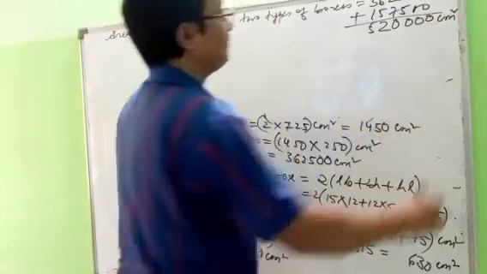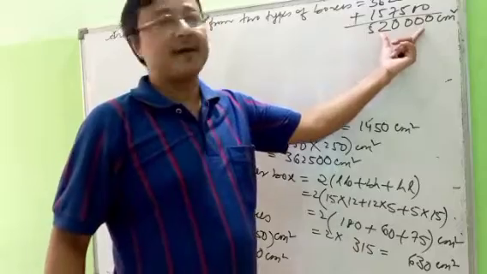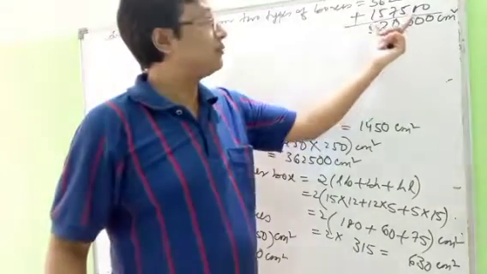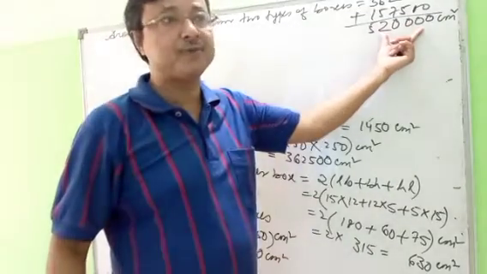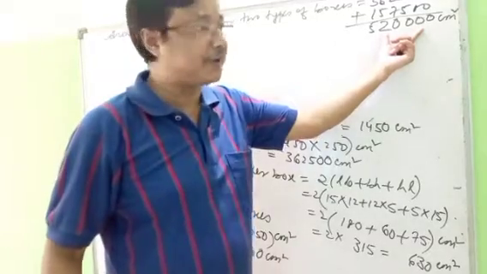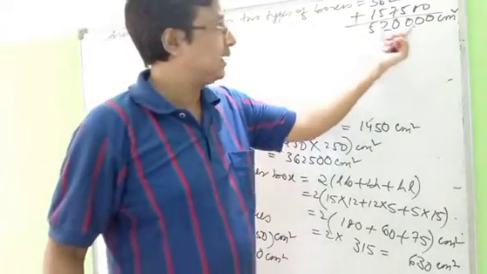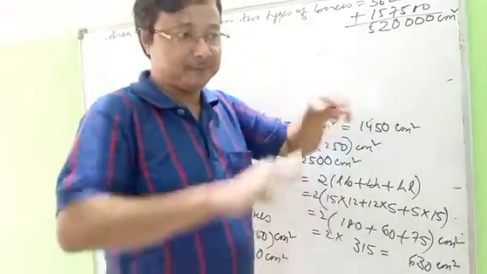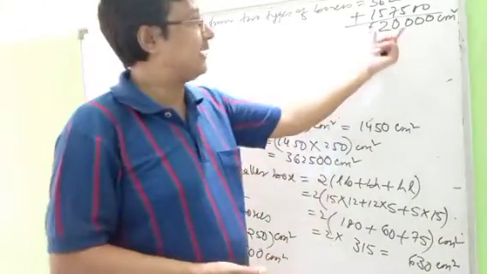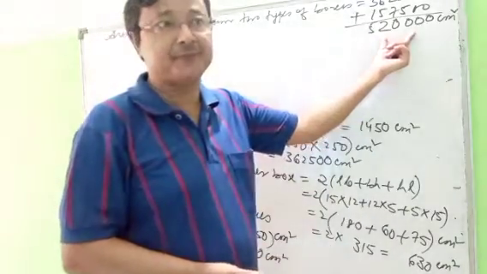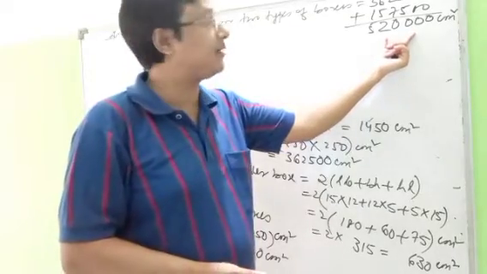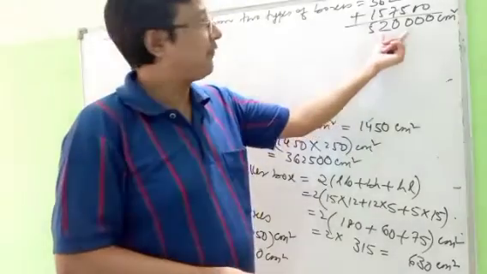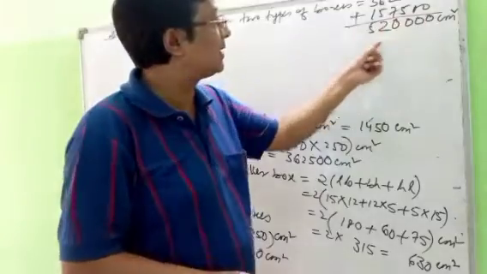So this much is the area of cardboard that will be needed to make the two different boxes, each containing 250 boxes. Now for the packing, they will need extra area of cardboard. That is for the overlapping, which is called packing. How much? 5% of this total surface area.